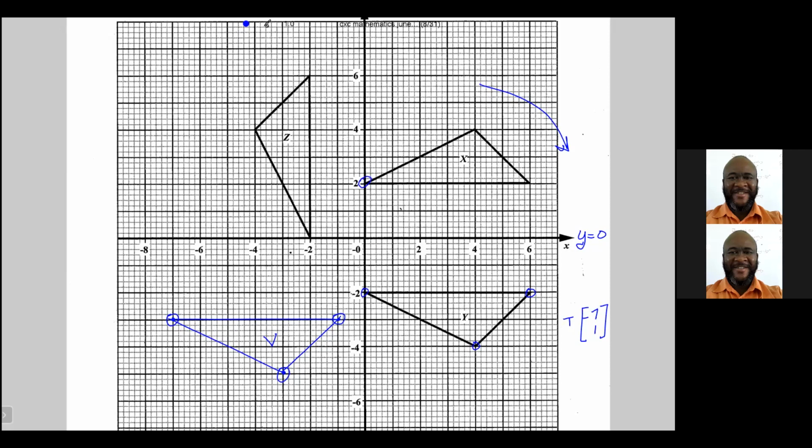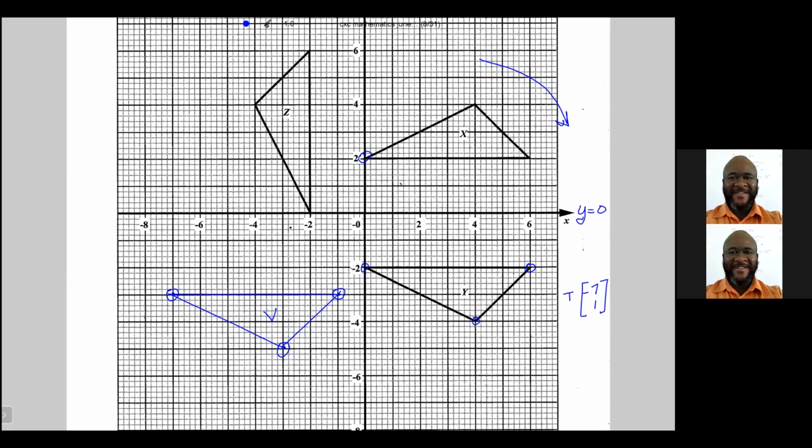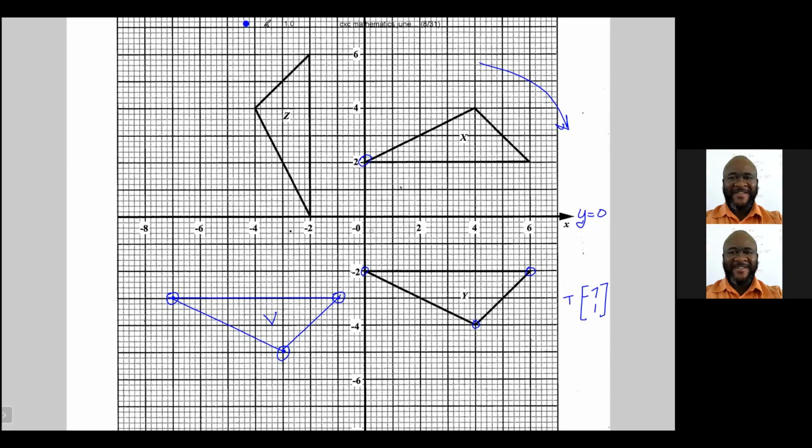So from the center to that first vertex, it's 2 units. Since the scale factor is 1/2, the distance to the image is 1/2 that. The distance from the center now to this vertex here is 6 units right and 2 units up. If we halve that, it's going to be 3 units right, 1 unit up.